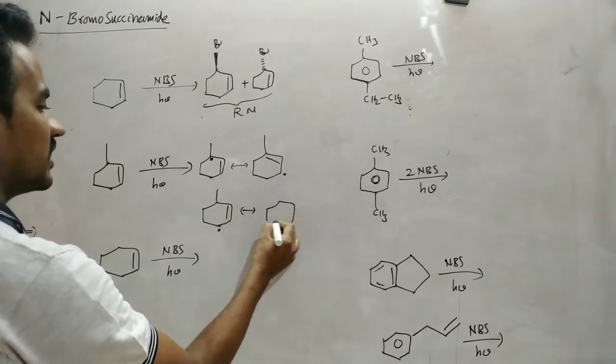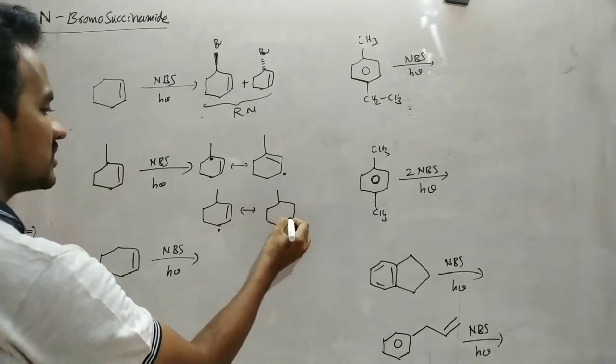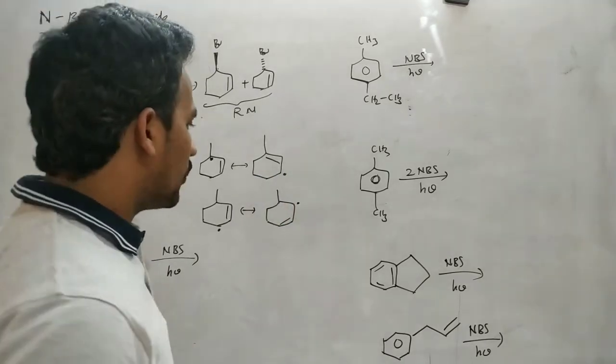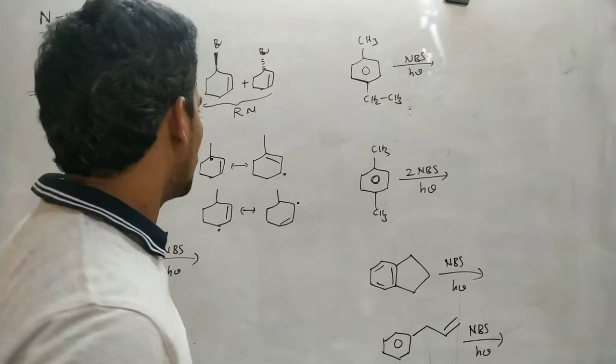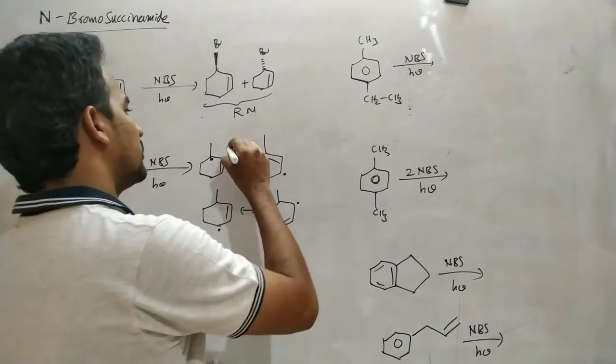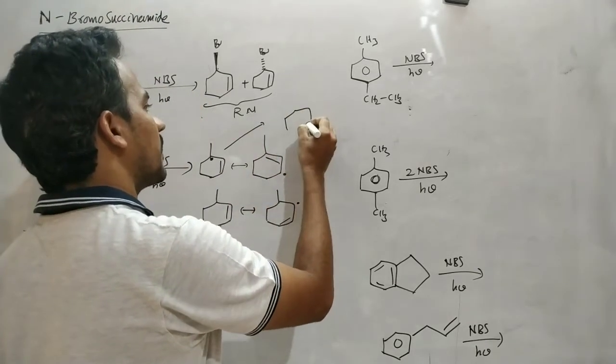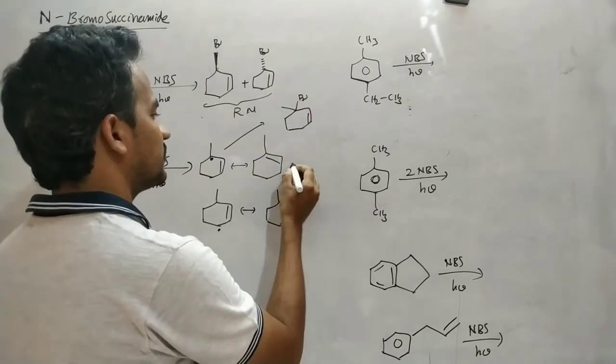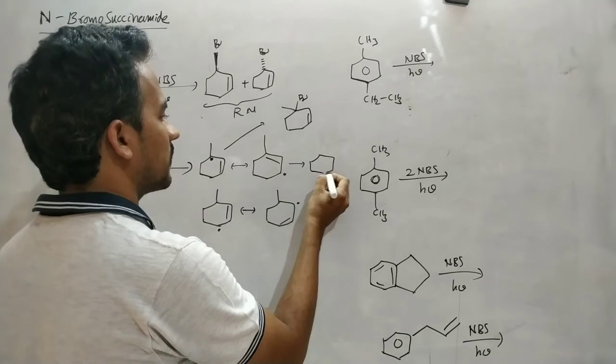Of course, it is involved in resonance, since allyl radicals exhibit resonance. So totally 4 structurally different products are formed. From this one product, this one. Next, from this one product.